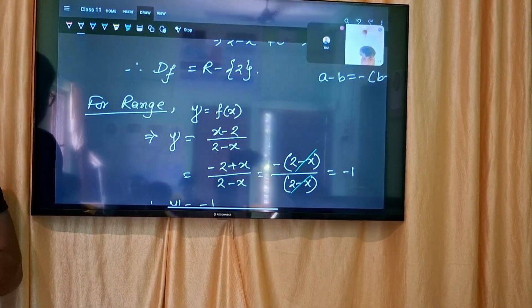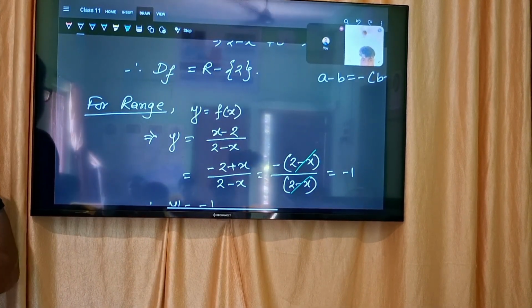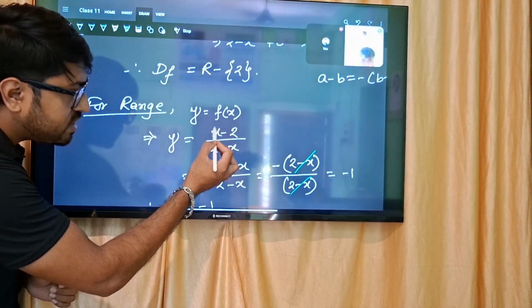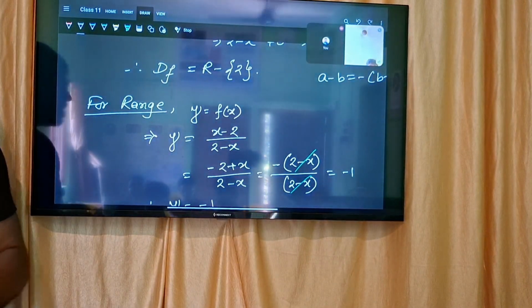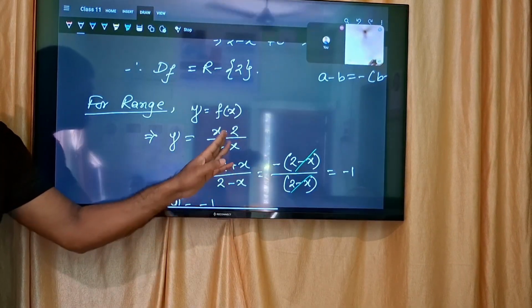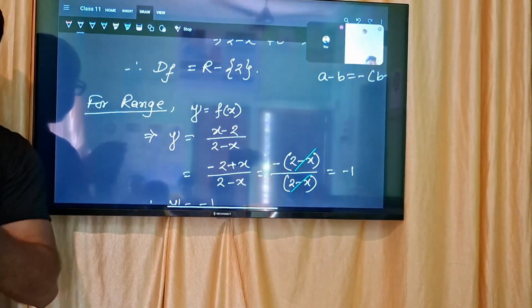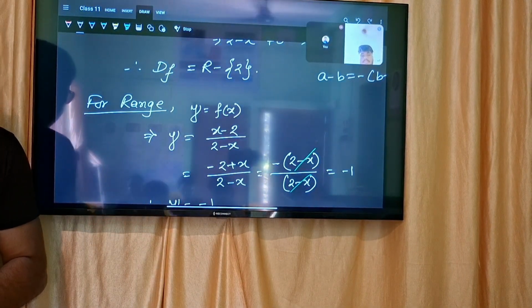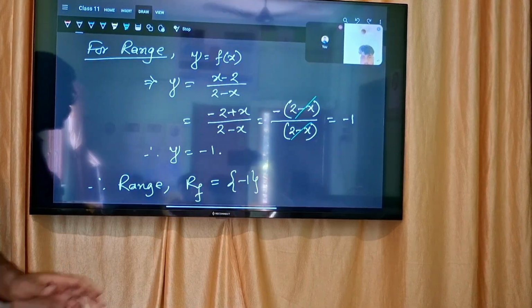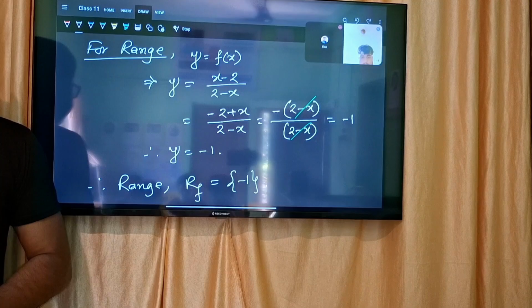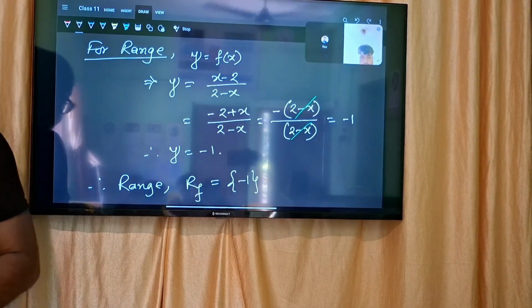So that means value of y is only minus 1. What is meant by that? It means whatever the value of x you will put over here, the value of y will be minus 1 always. কারণ এগুলো তো কেটেই গেল, so minus 1 আসছে, মানে x এর ভ্যালু যাই হোক না কেন, the value of y will be minus 1. So minus 1 only একটা এলিমেন্ট যেটা কিনা রেঞ্জ হবে, so range will be minus 1 only. বুঝতে পারলি?